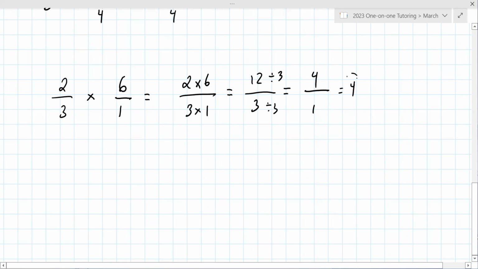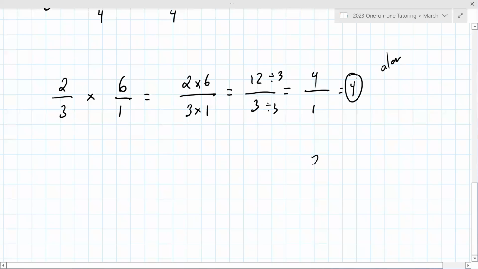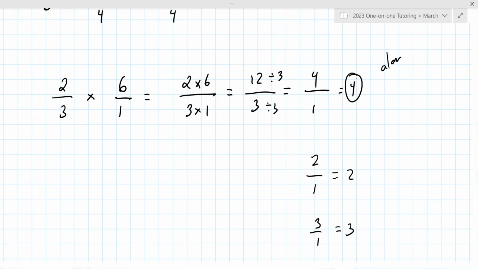The 4 alone is the final answer. If the bottom is 1, it's only 4. Yes. So here's what you're asking me: is 2 divided by 1 2? Is 3 divided by 1 3? Yeah, it is. What if it's 2 over 2?